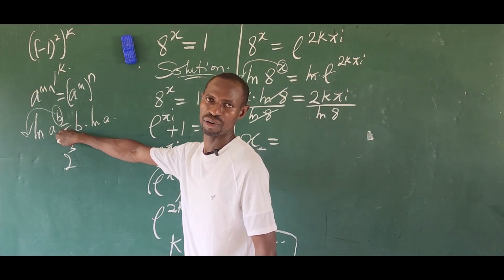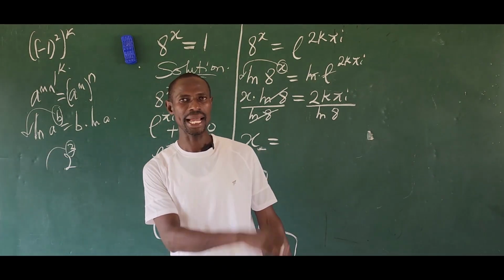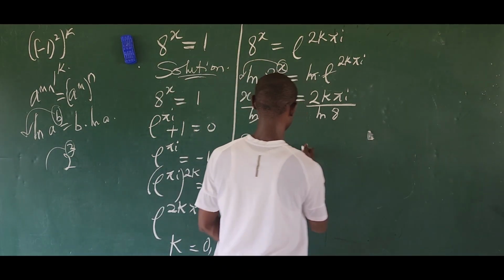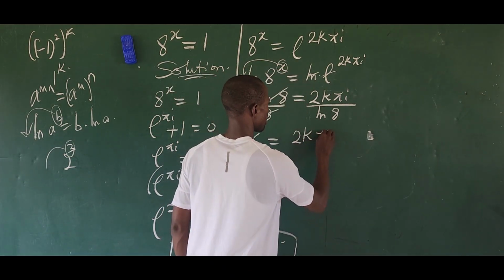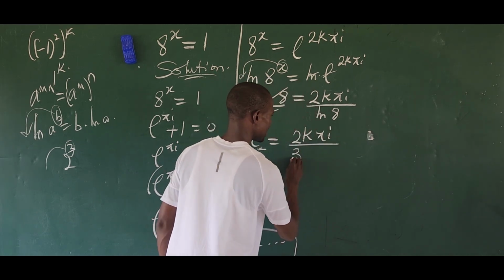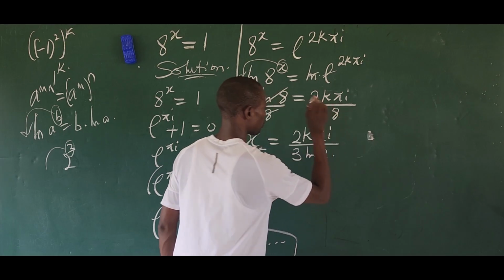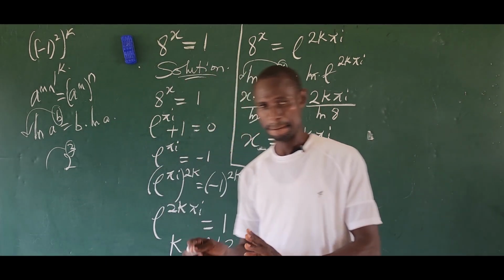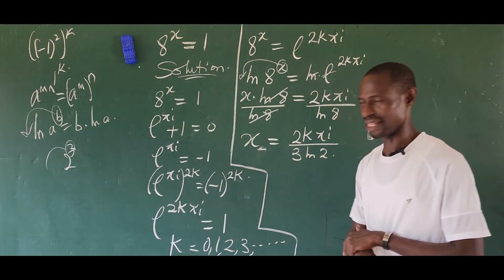Applying this law of logarithm, we move the 3 to the other side. And so this gives us 2k pi i all over 3 ln of 2. Easy.